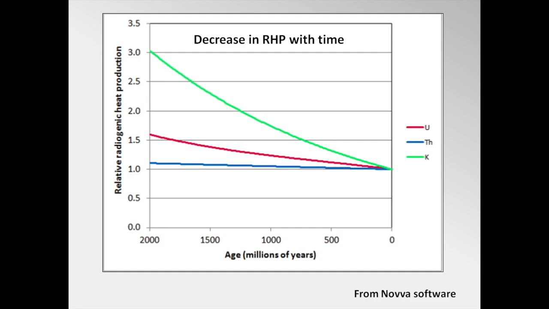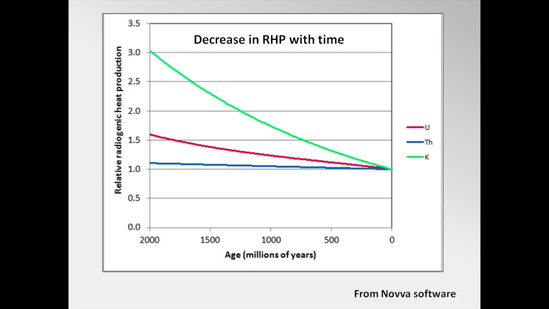Consequently, if our basement heat flow today is 58 milliwatts, with a maximum of 60% of that heat coming from radiogenic decay in the crust, the basement heat flow 300 million years ago, when maximum paleotemperature would have been reached, could actually have been 60.4 milliwatts per square meter.